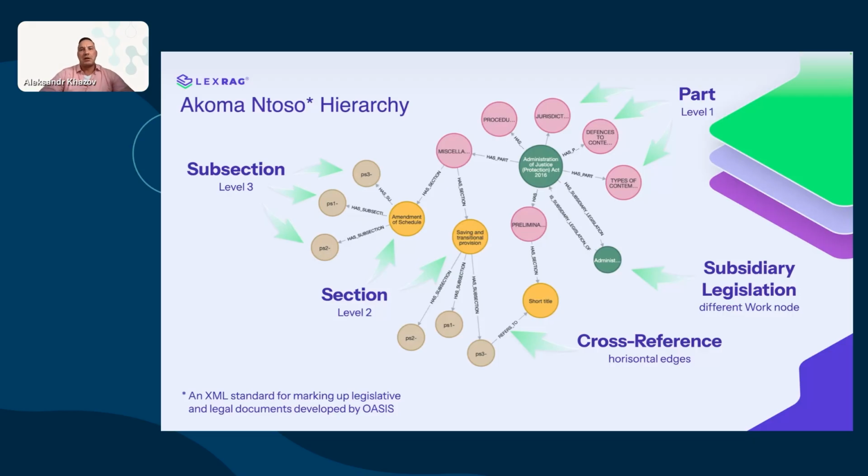where each particular document is represented by different structures, because, as you may understand, the case law, the decision of the court, cannot have the same structure as the law or as the subsidiary legislation. So they have basically different sections, different blocks of texts, and so on.